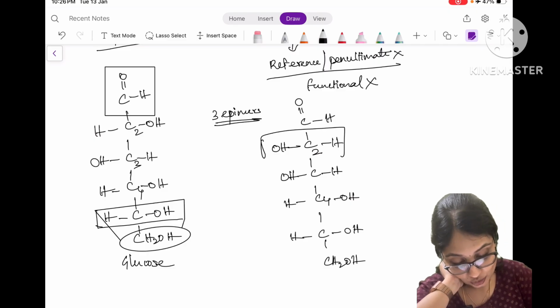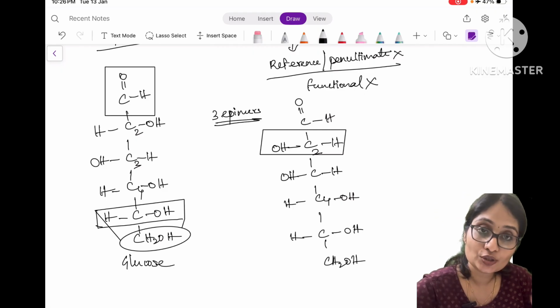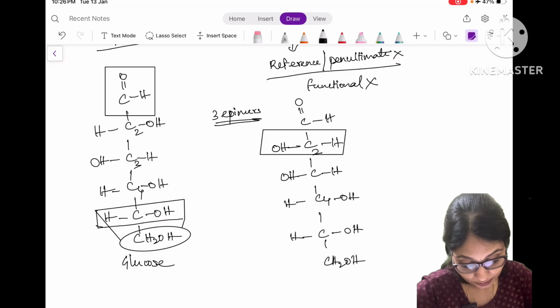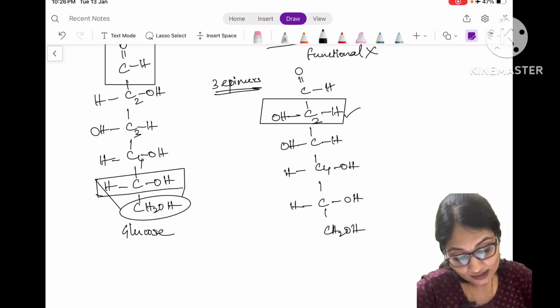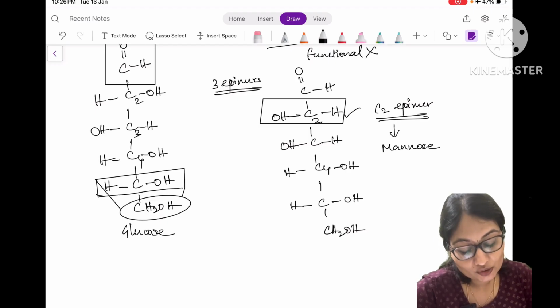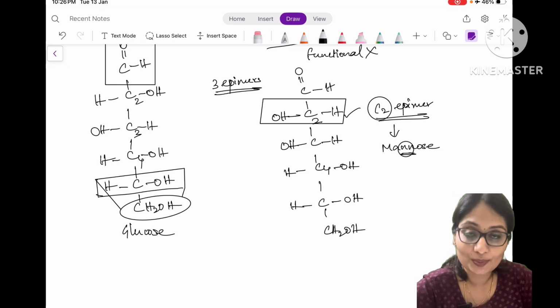So C2 alone is differing from glucose, the orientation of H and OH in C2 alone. So this is nothing but the C2 epimer of glucose. The C2 epimer of glucose is mannose. Remember, mannose has two ends in it, so since it has two ends, I remember it is the C2 epimer of glucose.